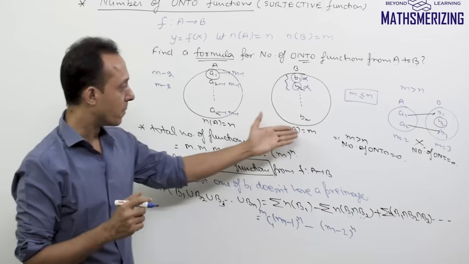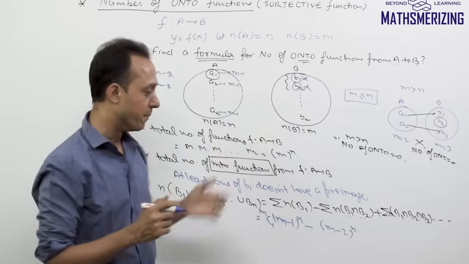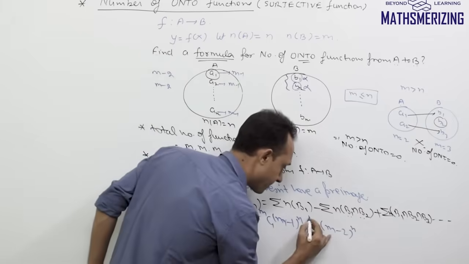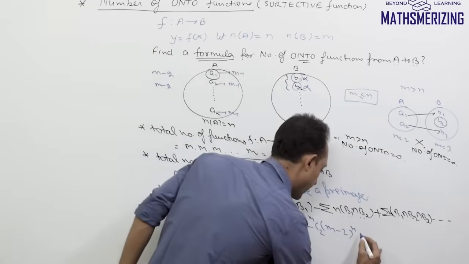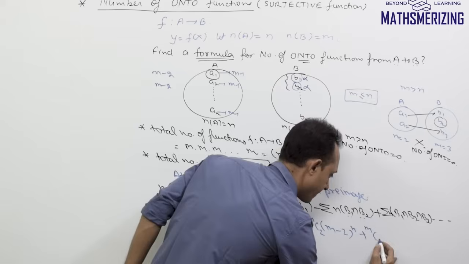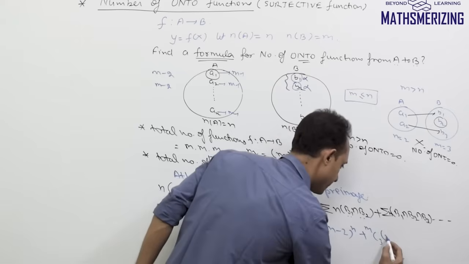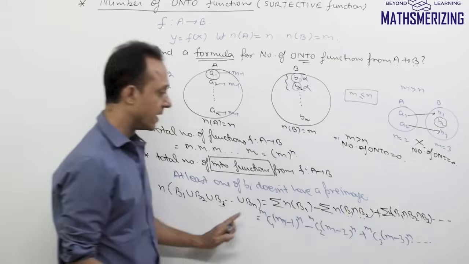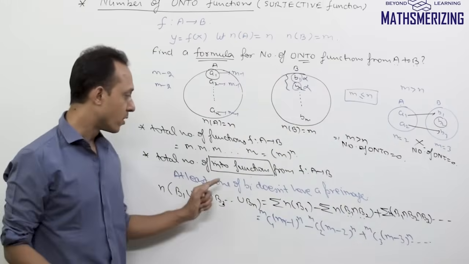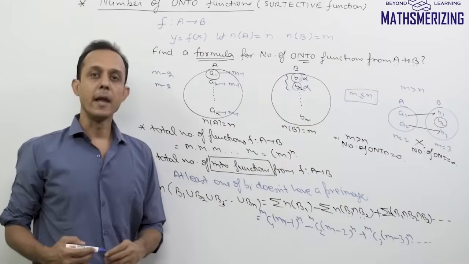From m elements, I just need to select two elements, and that can be done in mC2 ways. For the third one, it should be plus mC3 (m-3) to the power n, and this series will continue. So this is how we can find the total number of into functions from A to B.